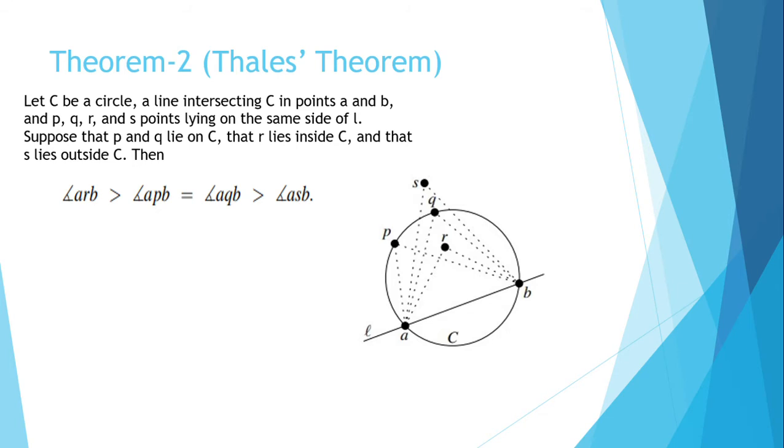Given this structure, the angle ARB, for the point inside the circle, is greater than the angle for the points on the circle, and that is greater than the angle for the point outside the circle. That is, angle ARB is greater than angle APB, which is equal to angle AQB, and angle ASB is less than that.